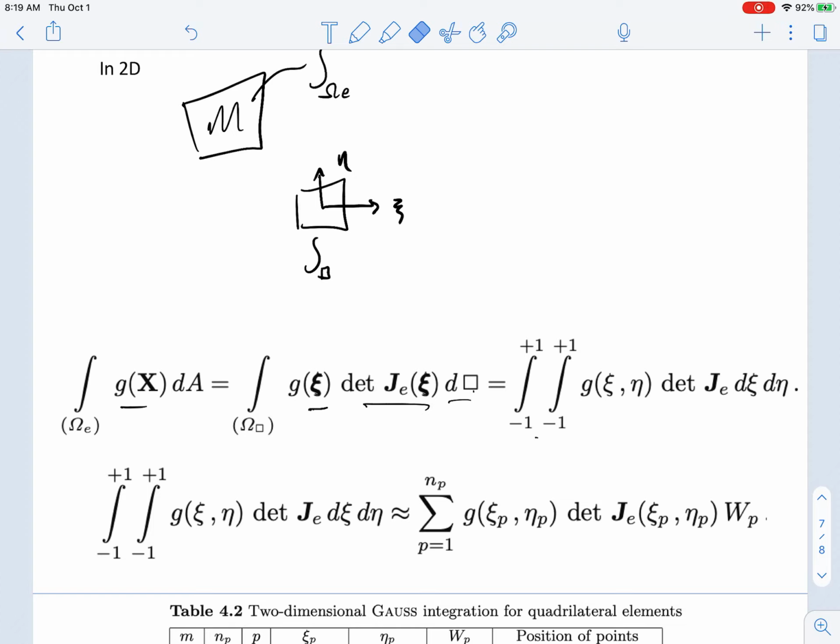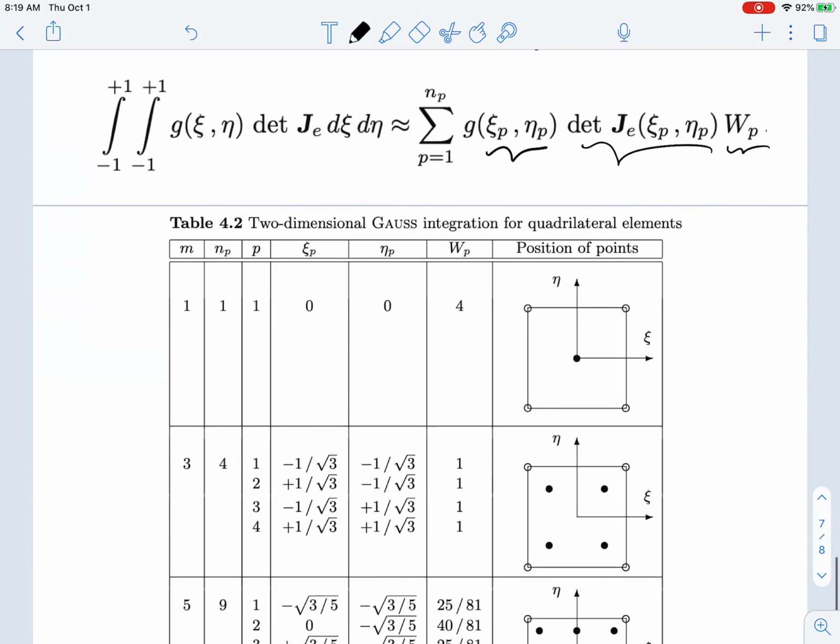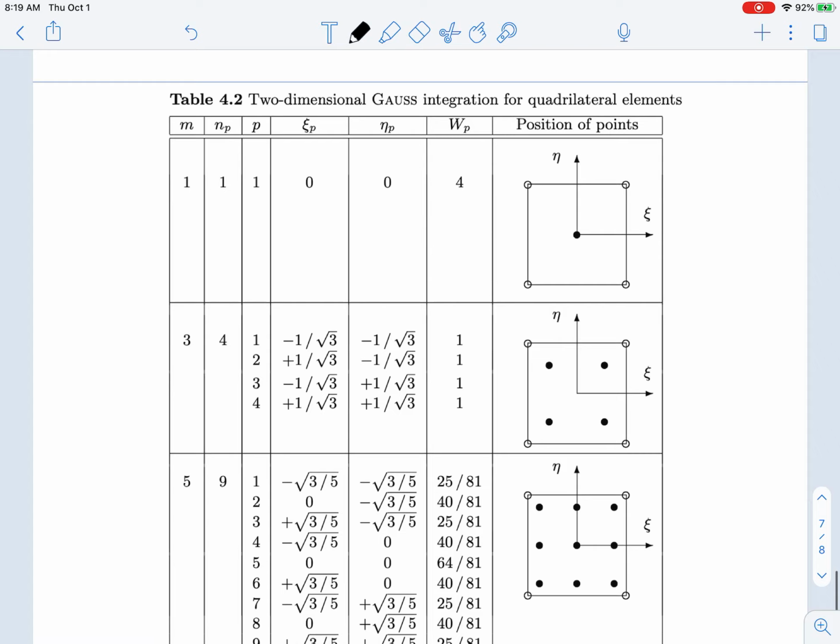And here you can also use Gauss quadrature because you have these two different integrations from -1 to 1, this little square. So you just need to evaluate this integral as the sum of g at a particular Gauss point times the determinant of the Jacobian at that Gauss point times the weight of that Gauss point.